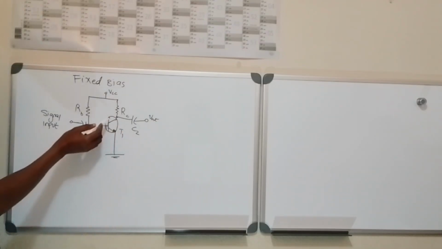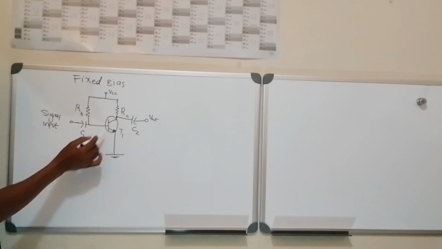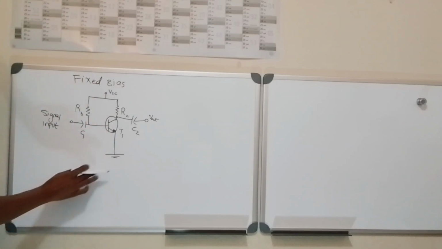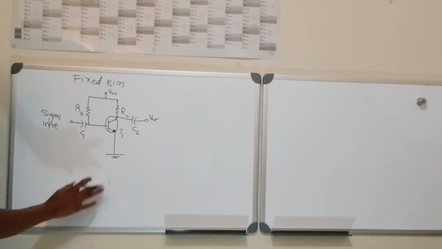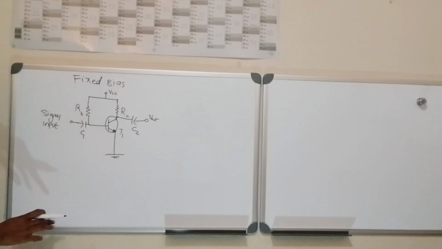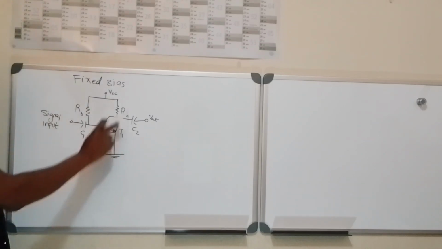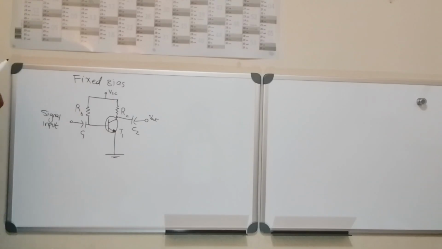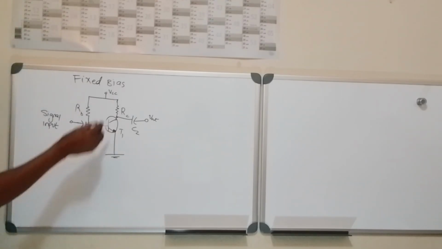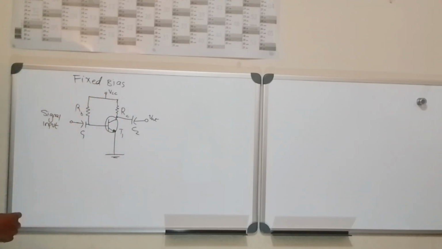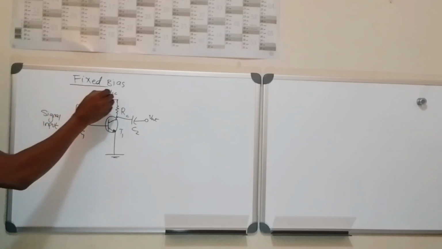You still remember this is the collector. This is the base. And this is the emitter. This sign or symbol means it's connected to ground, or the negative wire will be connected here. The red wire will be connected here of the battery. This configuration is known as fixed bias.